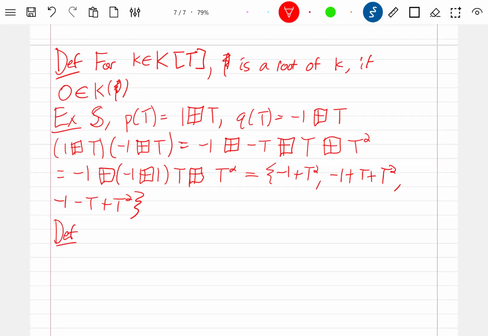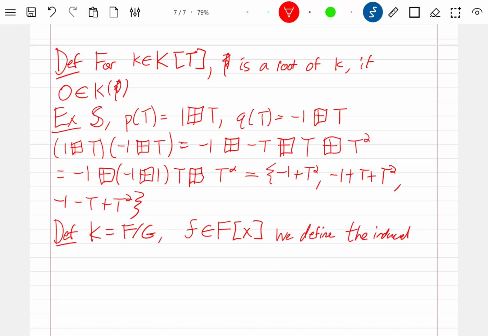I'm now going to define the following. Let K be a quotient hyperfield F mod G. If I take a polynomial f in the variable x, we're going to define the induced polynomial, which I will denote f bar in K of t, as follows.